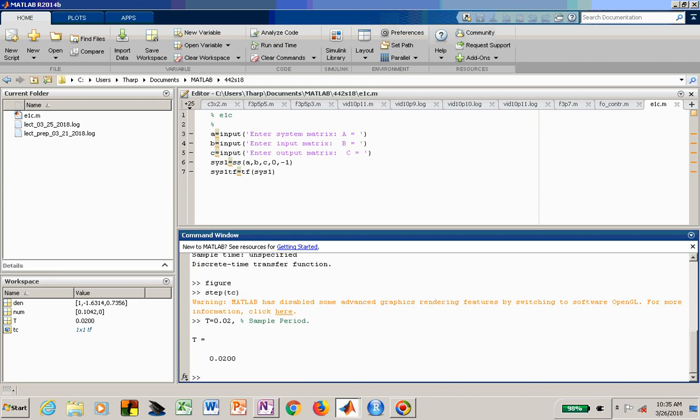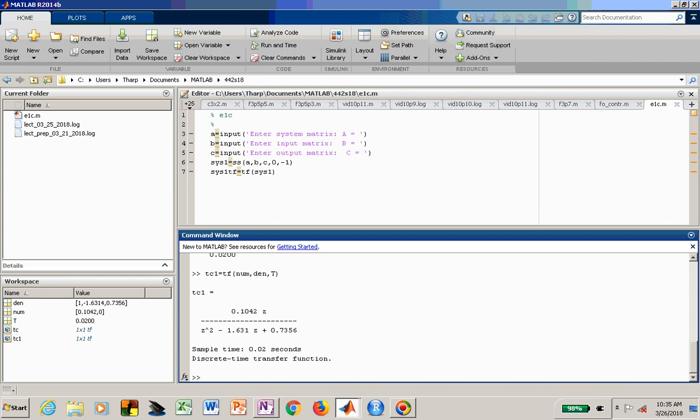There is now our sample period. Let's call this TC1 for a slight variation. It's the transfer function, same numerator, same denominator. It's just that now we have a particular sample period selected. MATLAB tells us that: the sample period is 0.02 seconds.